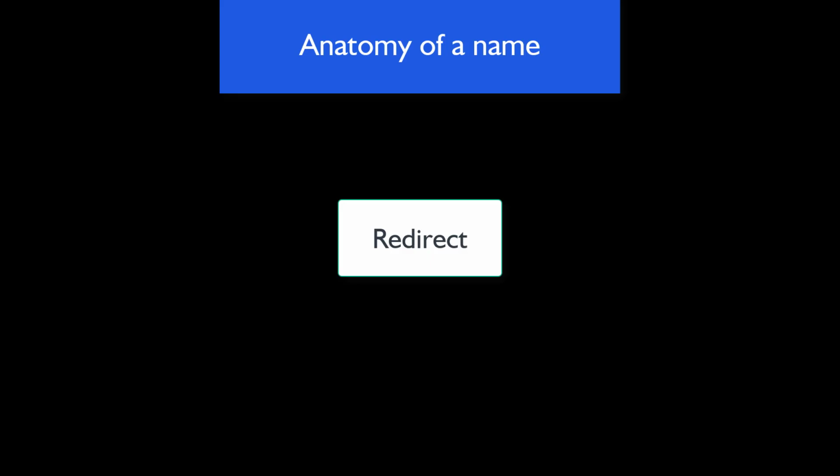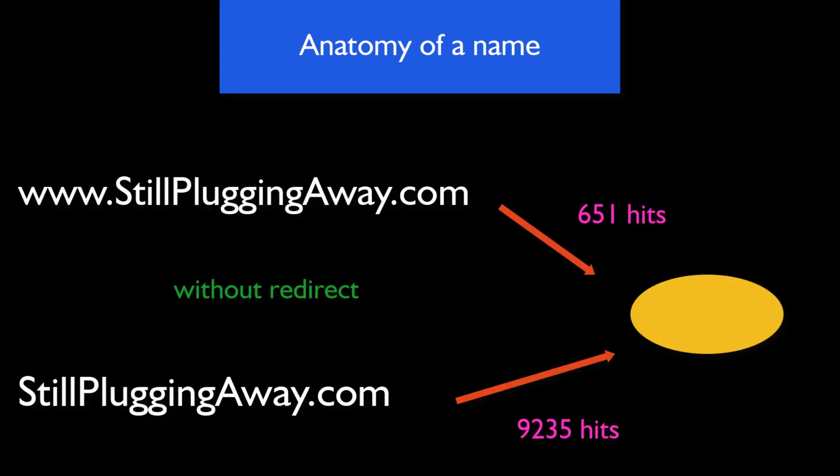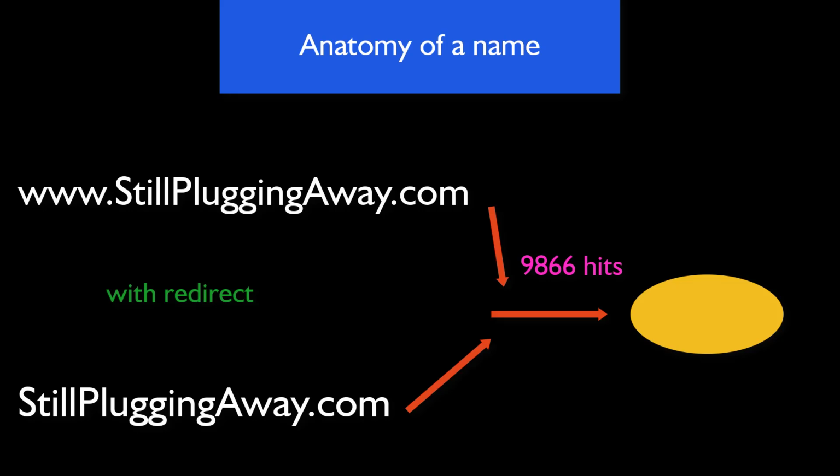The one downside I've heard about if you don't set up the redirect is that search engines will not realize that stillpluggingaway.com and www.stillpluggingaway.com are the same site, so they will keep track of traffic to your site by each path, even though they are really the same site. So your rankings in terms of number of hits will not be combined. With the redirect in place, you get a more accurate picture.